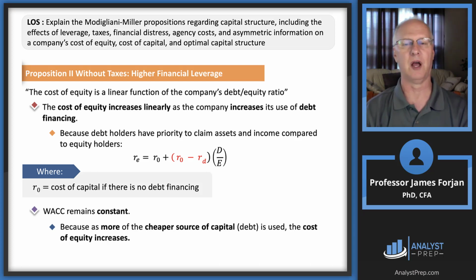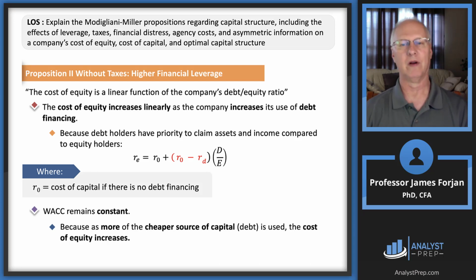And then there's a plus sign. Then notice to the right of the bolded red, there's the debt equity ratio. And so there's some kind of risk premium attached to that difference. So the cost of equity increases linearly as the company increases its use of debt.